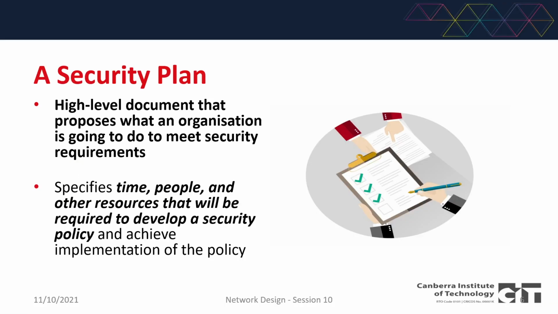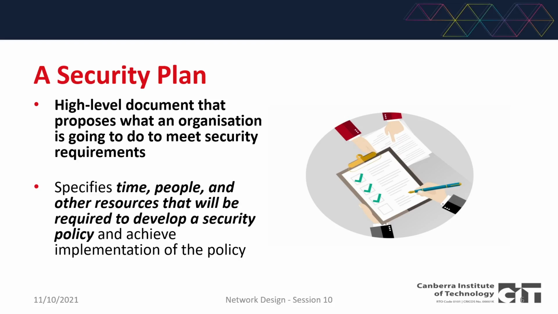Now that we discussed the trade-offs and the huge responsibility that we have to try to find a balance, we need to focus on something called a security plan. A security plan is a high-level document that proposes what an organization is going to do to meet security requirements. So it's basically a first step in an organization when an organization actually cares about security, okay?